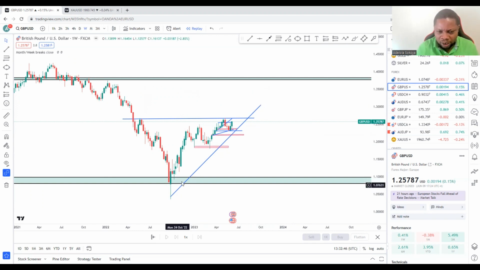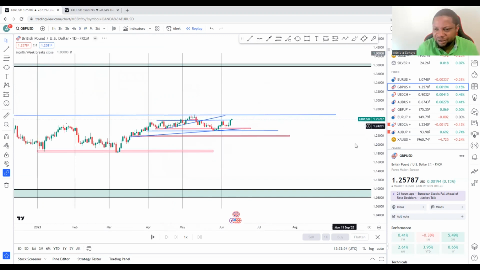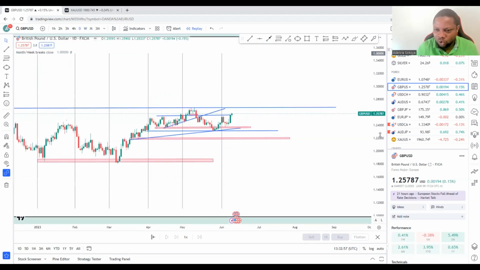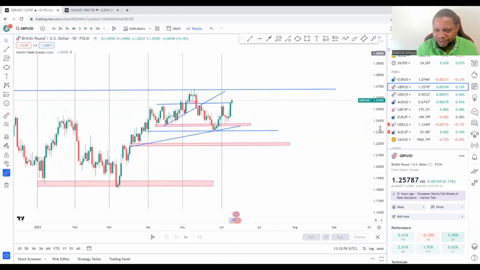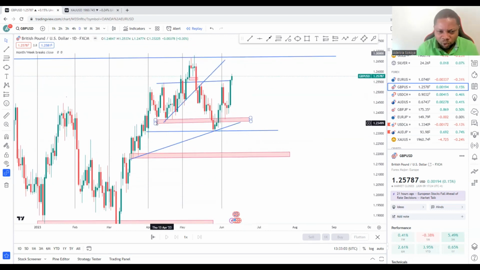All right. Since we have already established that, we want to go to a lower time frame. So we start from the daily time frame. On the daily time frame, you can clearly see that I already have all my support drawn out. Initially, before price pierced the support right here, price was coming down. This was our initial support.